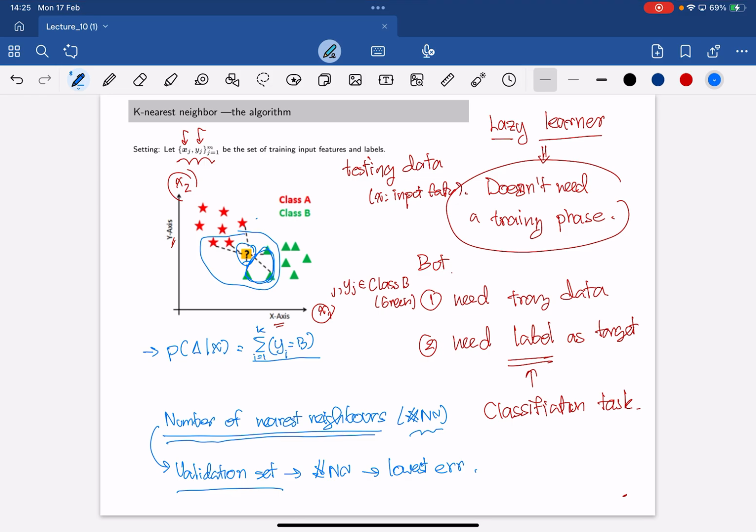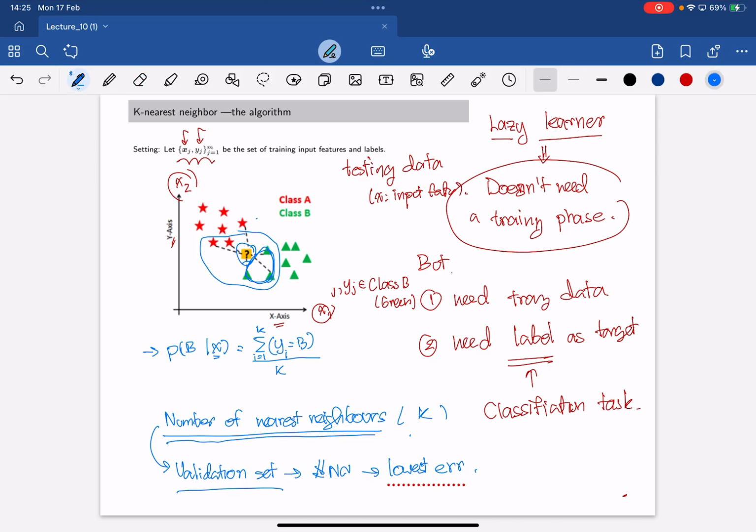Let me use k as the number of neighbors, right? So that's divided by k. That will look like the probability, the chance that this X should belong to this rectangular class B.